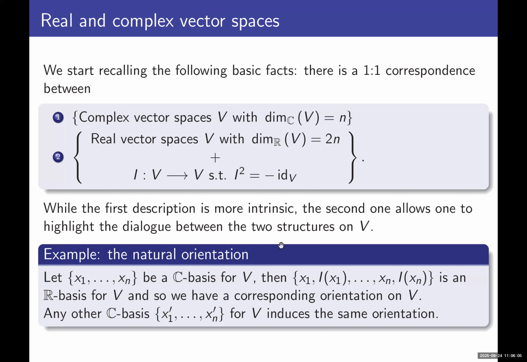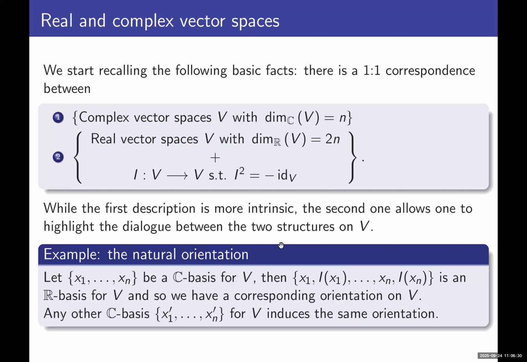These two languages are essentially the same, but speaking of complex vector spaces is an intrinsic description of the subject, while in the second way of describing them, one wants to stress the relation between real and complex aspects. This can be useful.